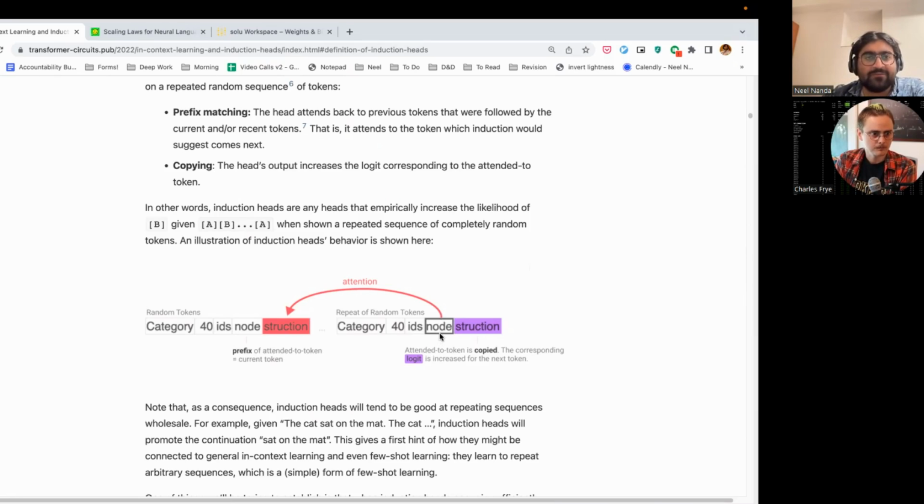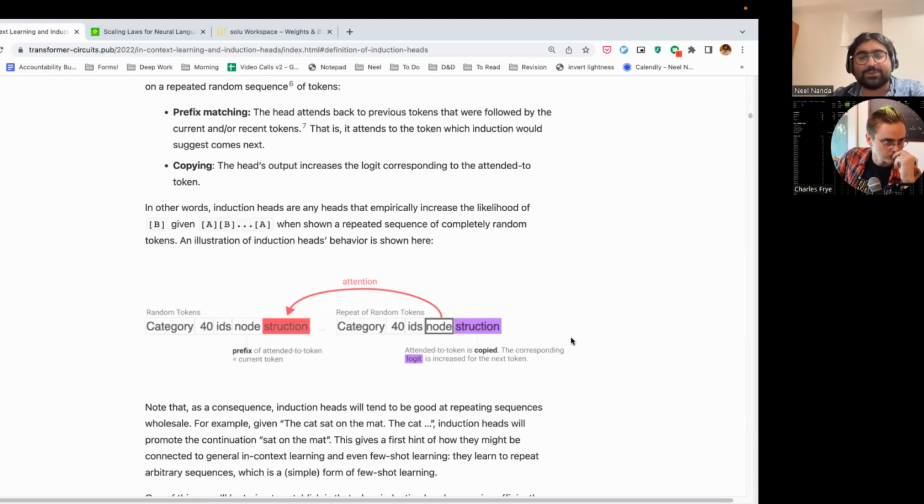Concretely, if you give the model some sequence of random tokens like this, and then repeat it, the induction head can look arbitrarily far back in the text, look for copies of the current token, look at the thing that comes after the current token, and then predict that that's going to come next.